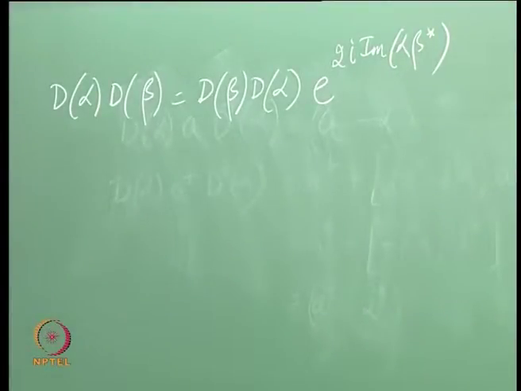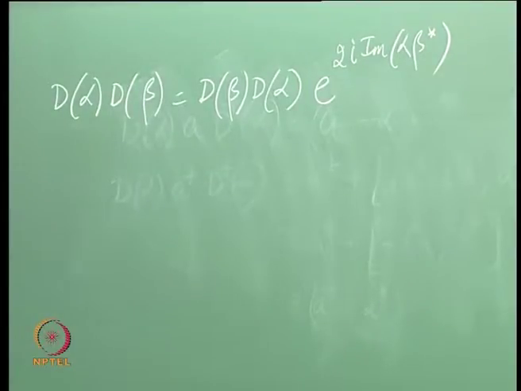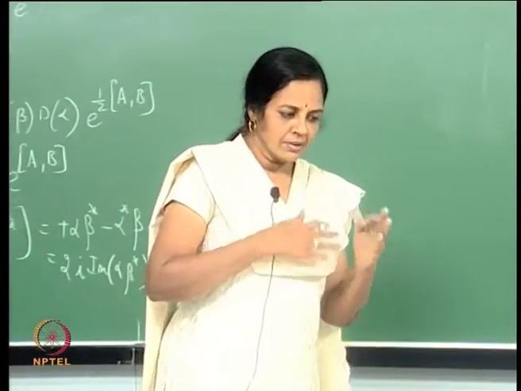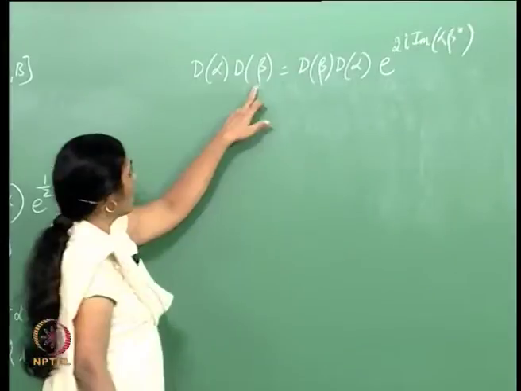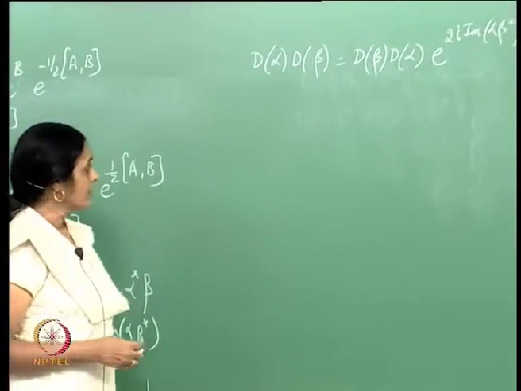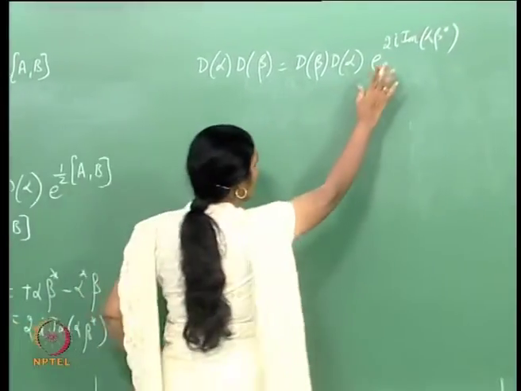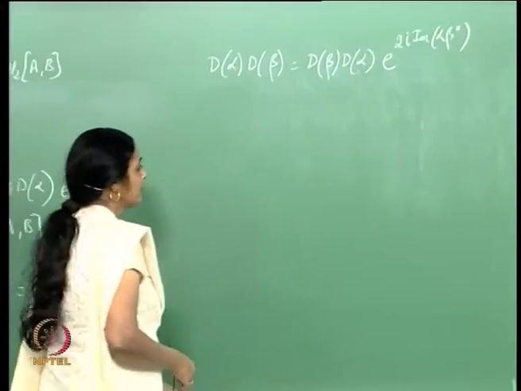So, it is important to realize that these two unitary operators, the displacement operator for an alpha and a beta as argument, do not commute with each other. They certainly pick up an extra phase out here.